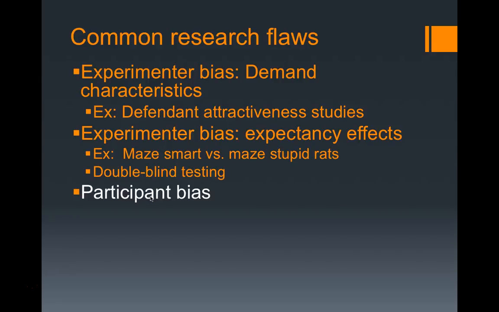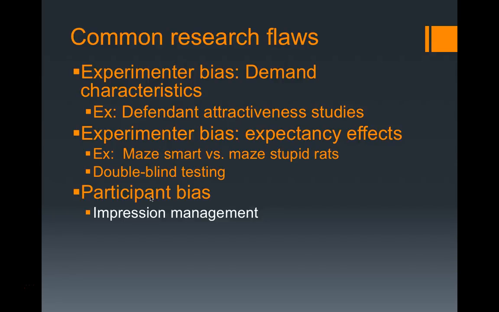Then there's participant bias. One of the things that we might run into in doing an experiment is what's called impression management. Whenever we're under scrutiny, or we believe that we're under scrutiny, we tend to want to act in ways that put our best foot forward.